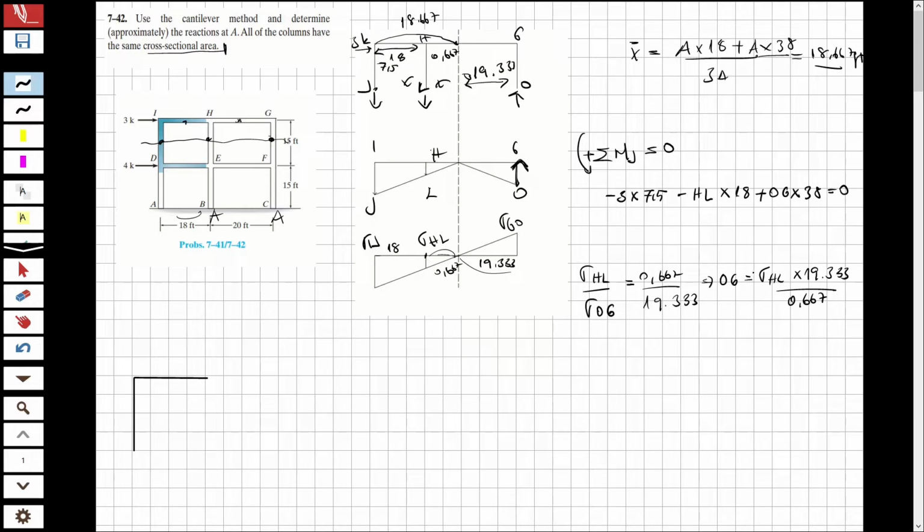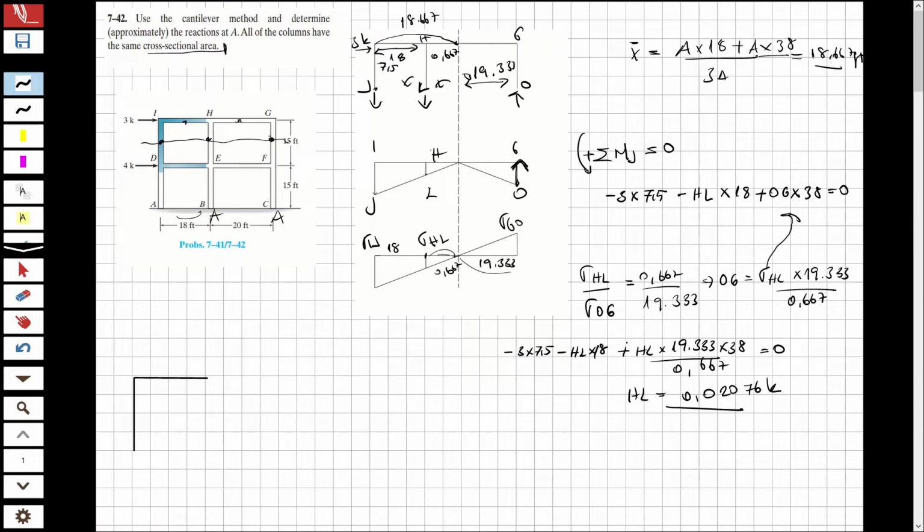So when I write this into this equation, let's write it here: minus 3 multiplied by 7.5, and minus HL multiplied by 18, I'm sorry, and plus HL multiplied by 19.333 multiplied by 38 over 0.667 equals 0, and HL will be equal to 0.0276 kips.